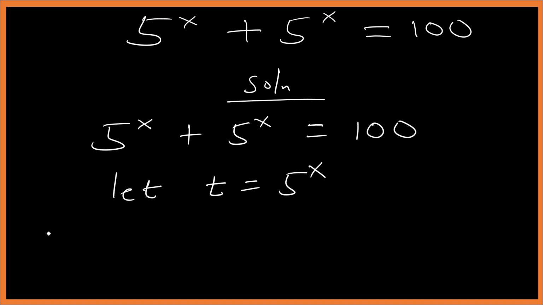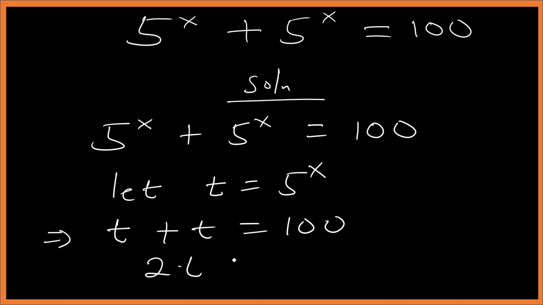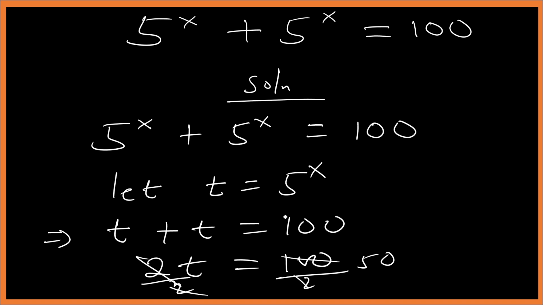It means that where we see 5 raised to x, put t there. We have t plus t equals 100. So we have 2t equals 100. Therefore, dividing both sides by 2, this side will cancel, and 100 divided by 2 will be 50. So we have the answer for t as 50.